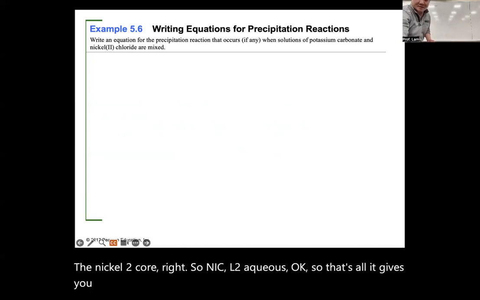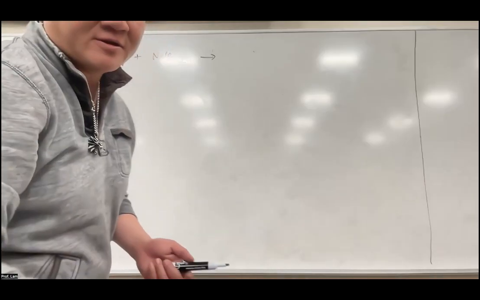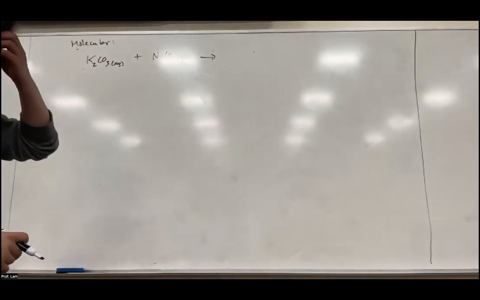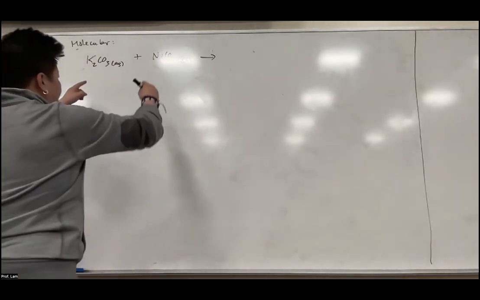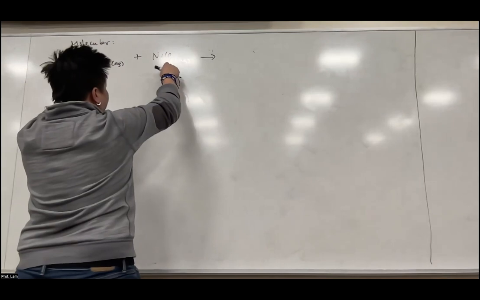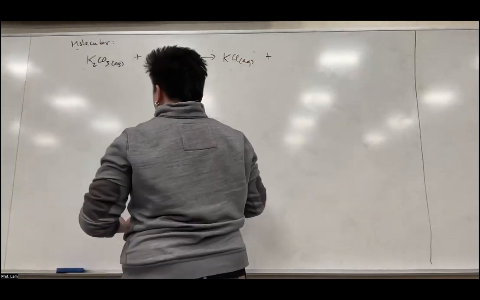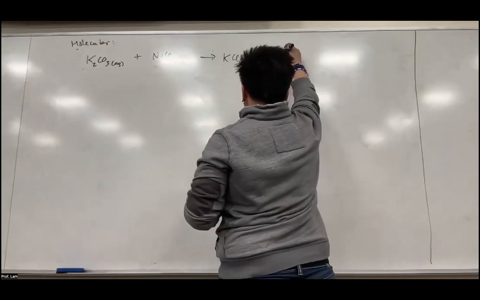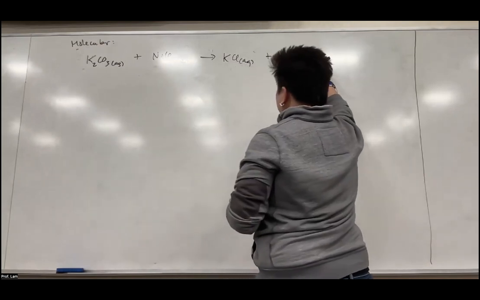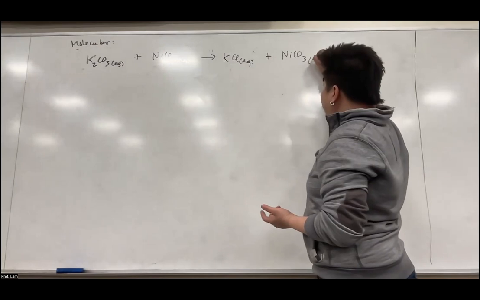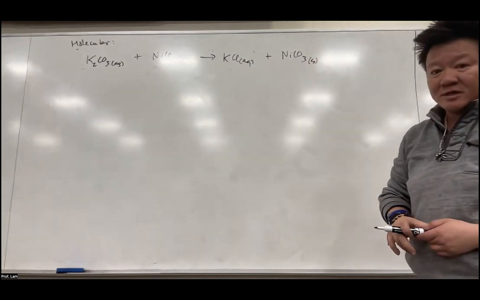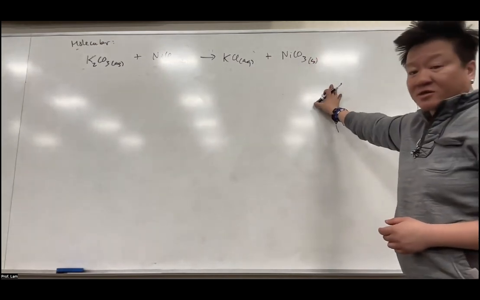Sometimes this is all that's given to you, but you know how to predict the product. So go ahead, right? You're going to do the swap. KCl is aqueous, right? Use your solubility chart. And then NiCO3, you're going to use the solubility chart. It's insoluble. Okay. So we do have a precipitation reaction here.